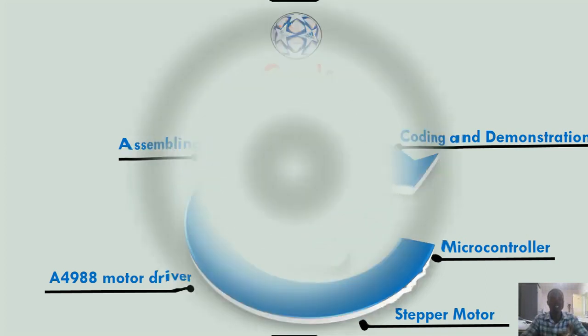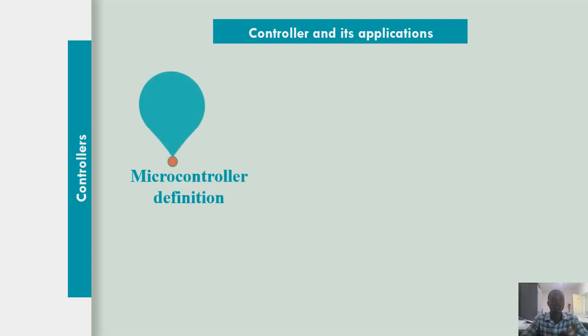microcontrollers and their applications. All right, so a microcontroller is a compact integrated circuit designed to govern a specific operation in embedded systems. There are many types of controllers, including PIC, ARM, 8051, AVR, MSP, and so forth.